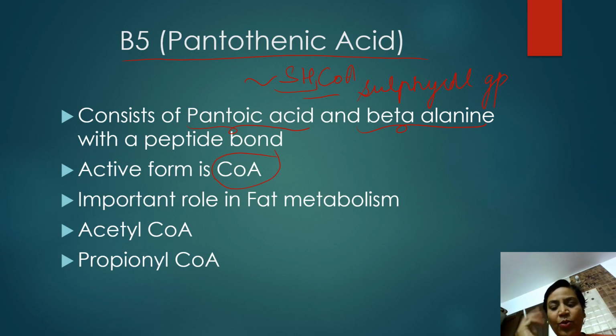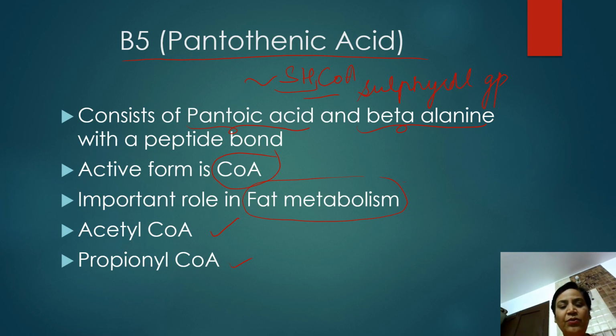Now when this concept of coenzyme A comes to your mind, all of you know two forms are there, acetyl coenzyme A and propionyl coenzyme A. So the entire metabolism of fatty acids or fats revolves around this pantothenic acid. Very, very important.